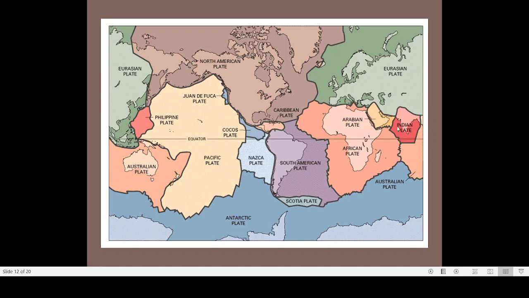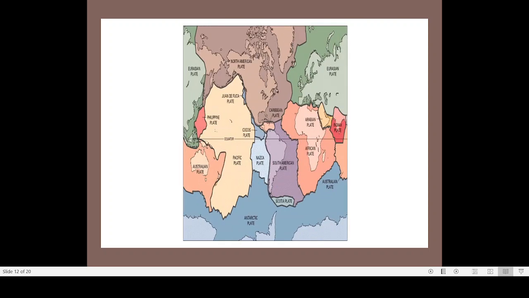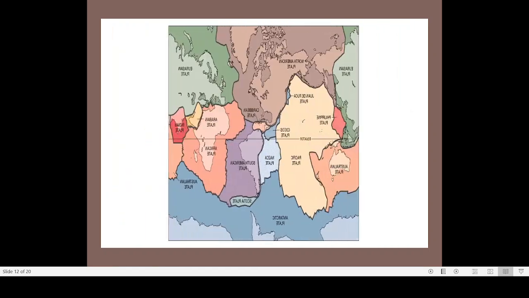So the Indian plate is also a smaller plate. Then we have another smaller plate called the Arabian plate. Then the Caribbean plate. So many major plates are there, along with some minor plates. That is regarding the theory of plate tectonics. The surface of the earth is actually formed of several plates.